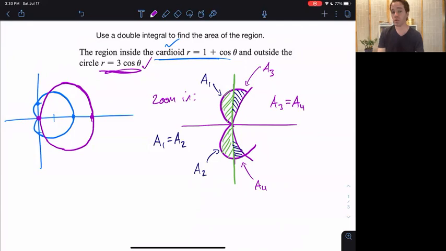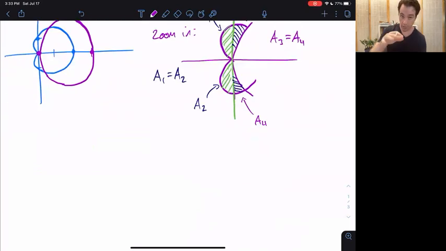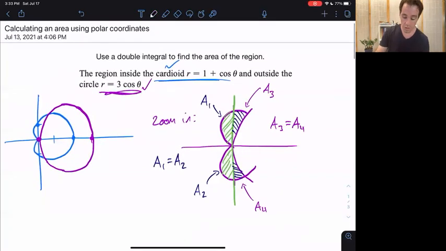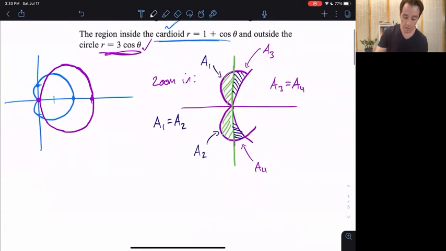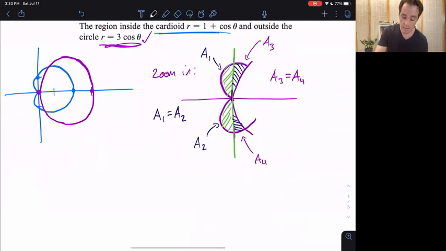Let's do the one that's bounded just by the cardioid so that we don't have to worry about the difference between 2 functions, at least for now. So what is the equation of the cardioid? It is 1 plus cosine theta. Okay. And over that domain, theta goes from pi over 2 to pi.